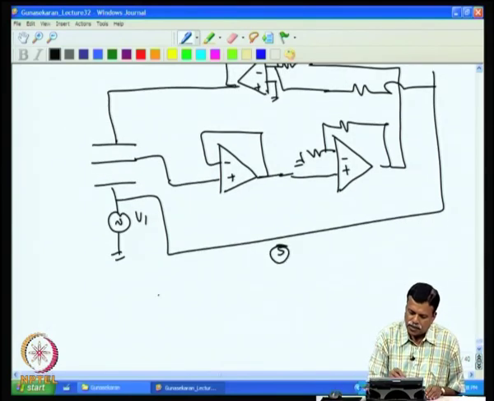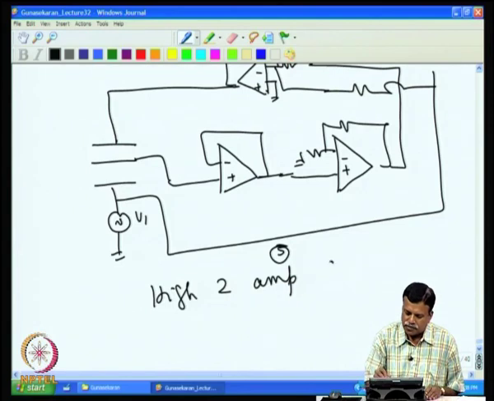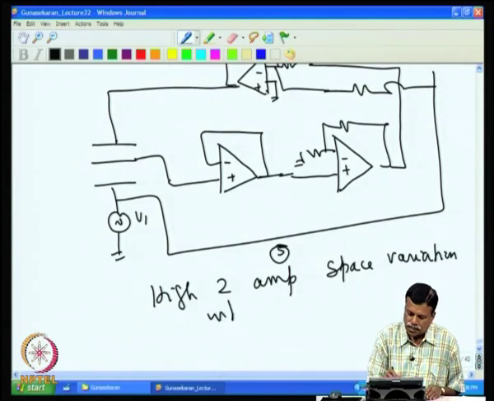This is actually the high Z amplifier with space variation with feedback.